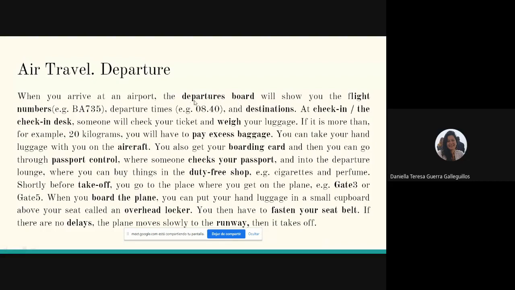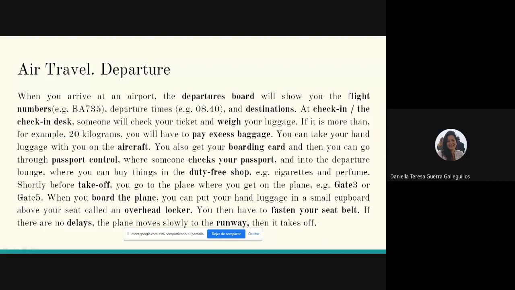Okay, the departures board is like a screen where you can see the flight number and you can see what time it goes, the gate, the destination. You have all the information. Like when you go to the airport, you have a television screen where you have all the information. That is the departures board.